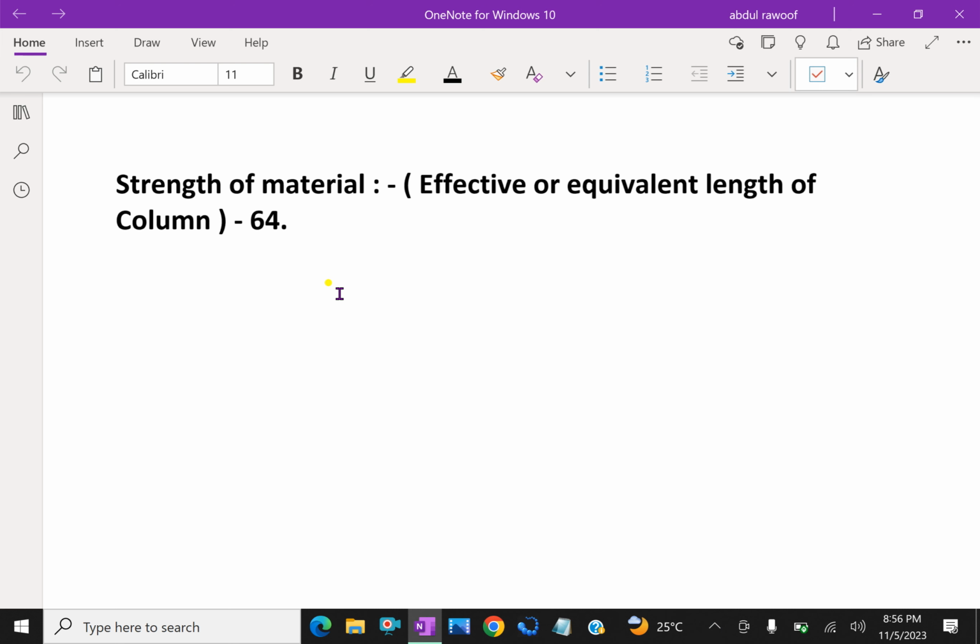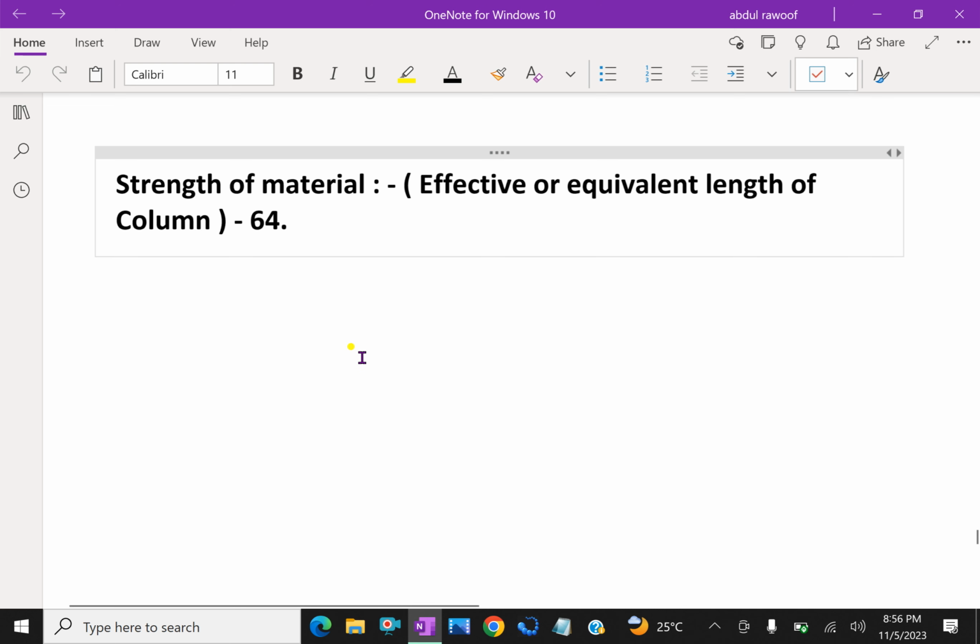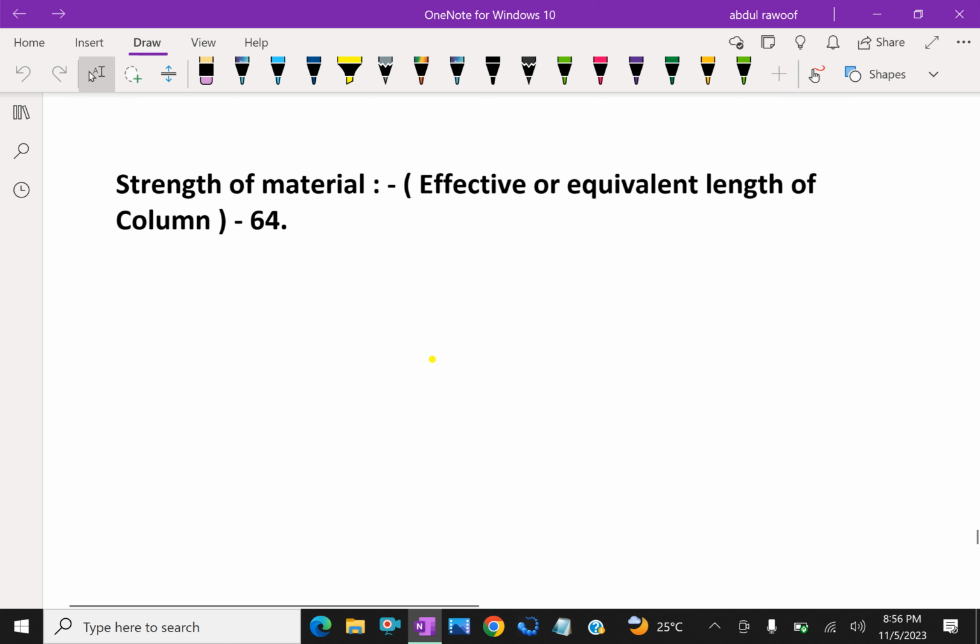That means you have to calculate the equivalent length or effective length of the column by using the end conditions of the column as hinged both sides. Here, we'll discuss further.